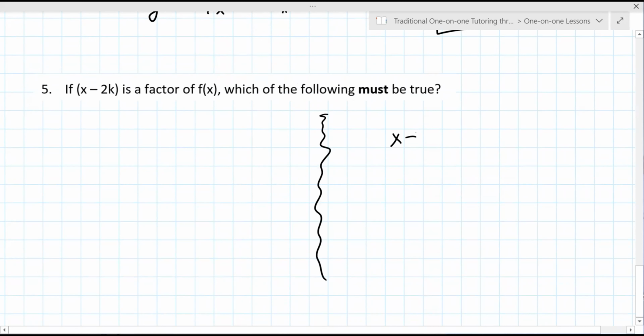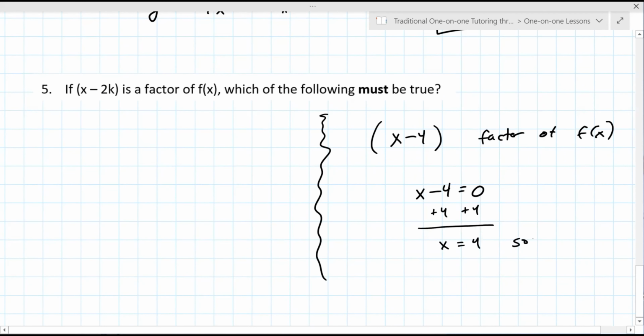Let's say x minus 4 is a factor of f of x. You set your factors equal to 0, and then you add 4 in this case to give you the solution. This means that this is a solution. So you do the same thing here. You set x minus 2k equal to 0, add 2k to both sides, and x equals 2k is a solution.